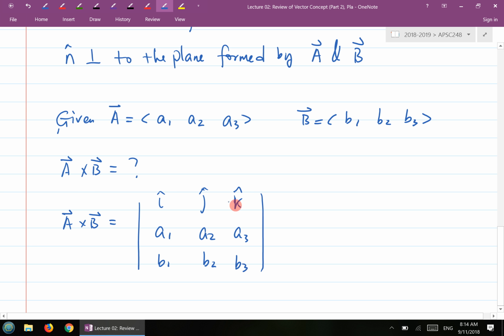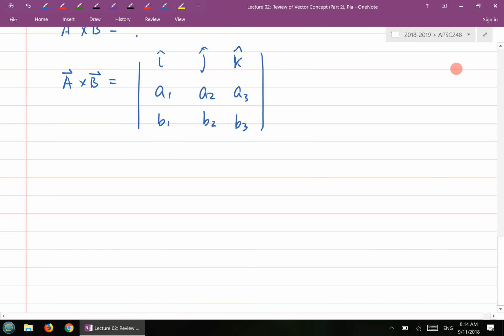The first row here has three unit vectors: i hat, j hat, k hat. Remember, we use a hat symbol on top of a letter to indicate unit vectors, right? Also remember that when I draw vectors, I always draw a 3D coordinate system first.